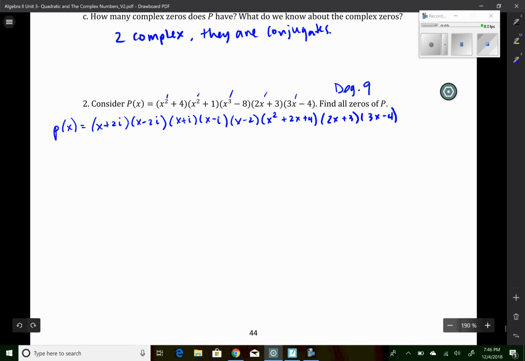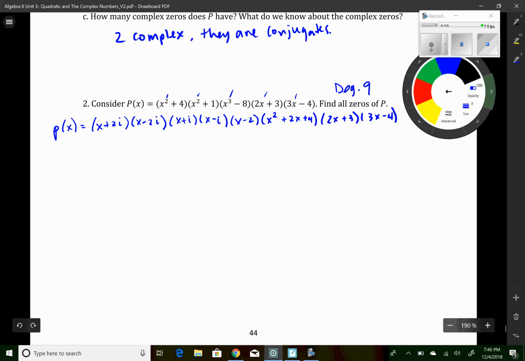Now, out of all of the factors I've just created, one of them, I don't want to say is not factorable over the complex numbers. It's just kind of difficult to do. So this one we're going to use the quadratic formula for. So the discriminant is 2 squared minus 4 times 1 times 4. So that's 4 minus 16. So negative 12.